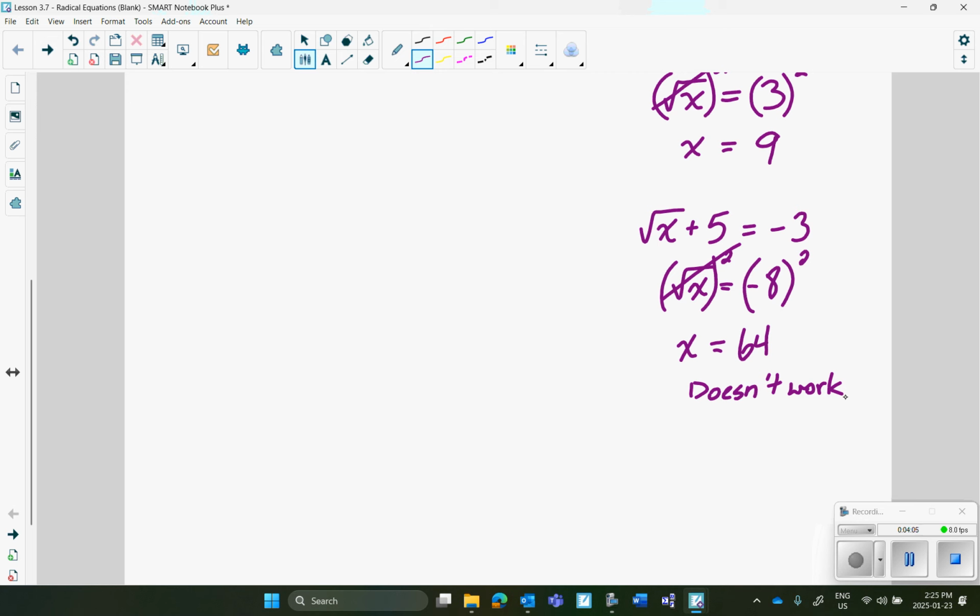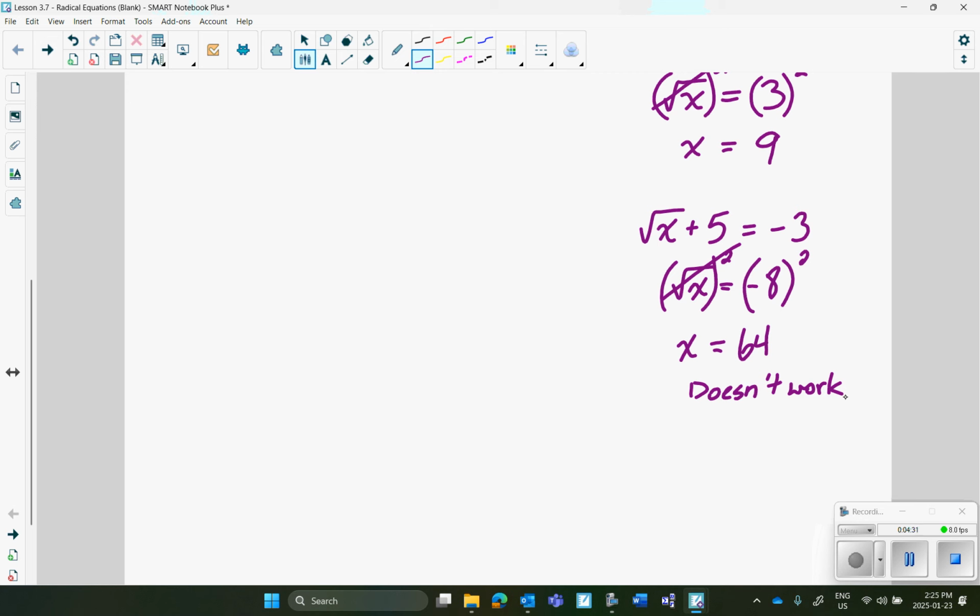It's a solution that's not actually a correct solution. So it's a solution we get, but if we plug it back in, it's not correct. So with radical equations, every time you get answers, you have to check them back in the original.